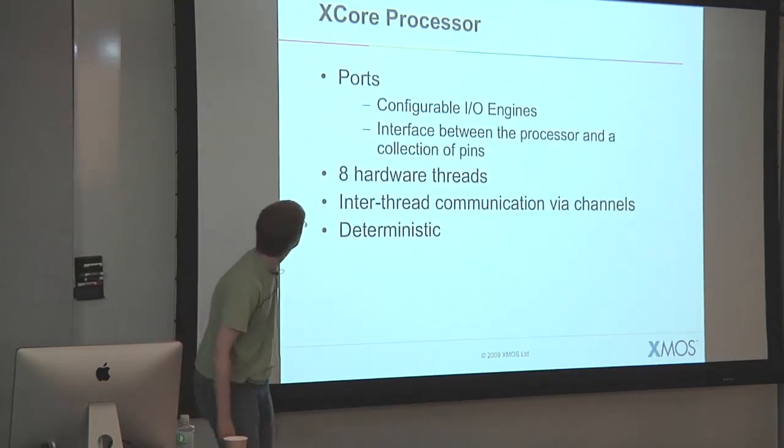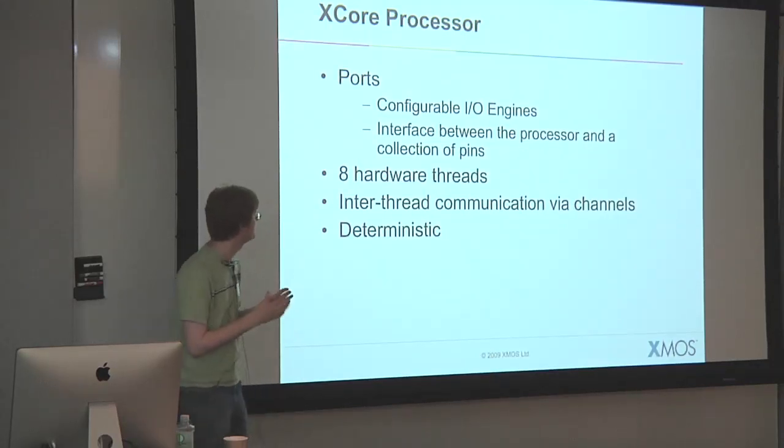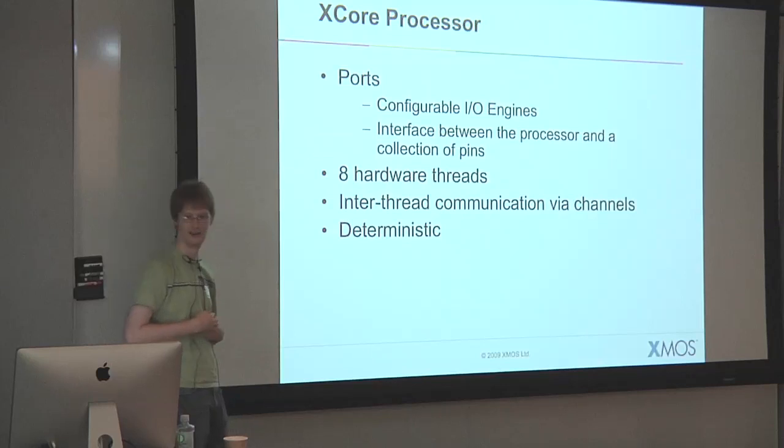So first off, what does a processor look like if you design it to implement hardware interfaces? So the main feature that lets us do that are we've got something we call ports.